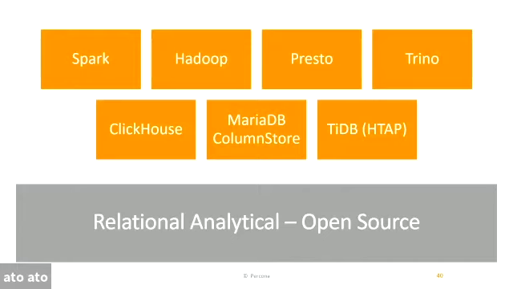I want to specifically mention TiDB here. I think they built very interesting technology. It's a distributed technology which stores the data in both column store and row store format at the same time, and they are focused on what's called HTAP, the hybrid transactional analytical approach.